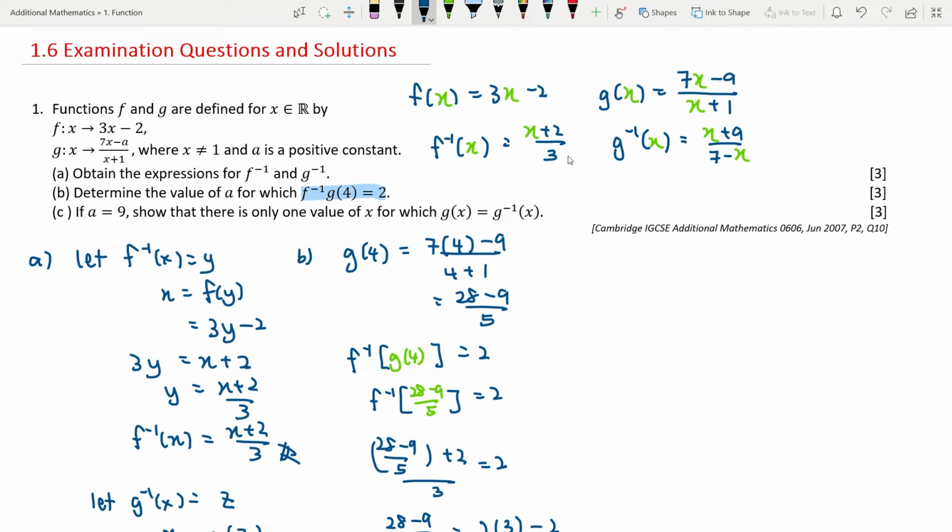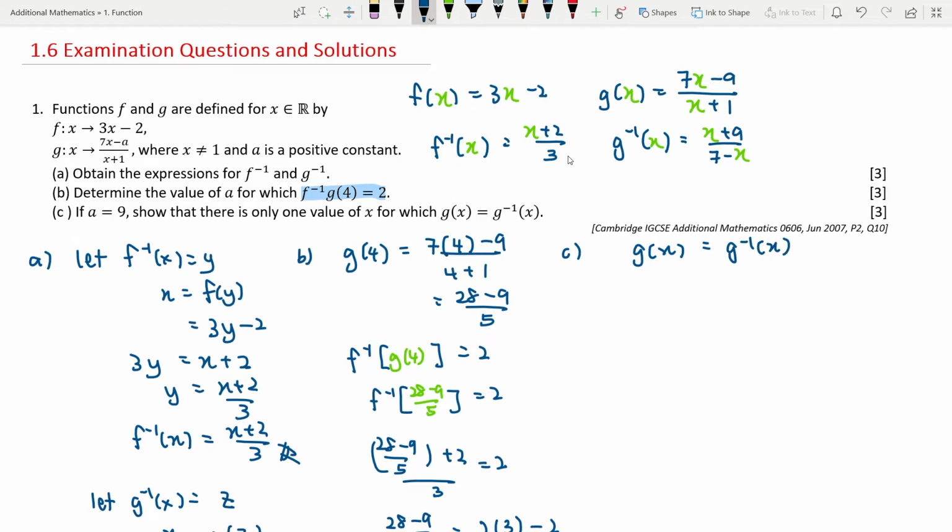C. If a equals 9, show that there is only one value for x for which g of x is equal to g inverse of x. g of x is equal to g inverse of x, and our a is equal to 9.